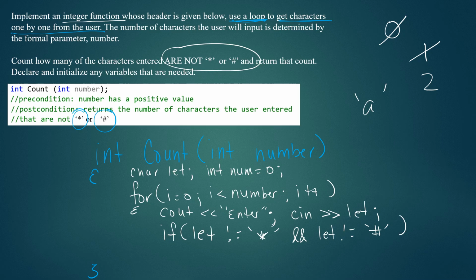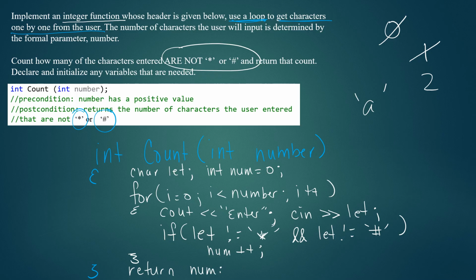So this is saying it's not an asterisk and it's not a hashtag, then we're going to add 1 to num. But if it is an asterisk or if it is a hashtag, we will not add 1 to num. After we've gone through all of ours, then we will return the num.